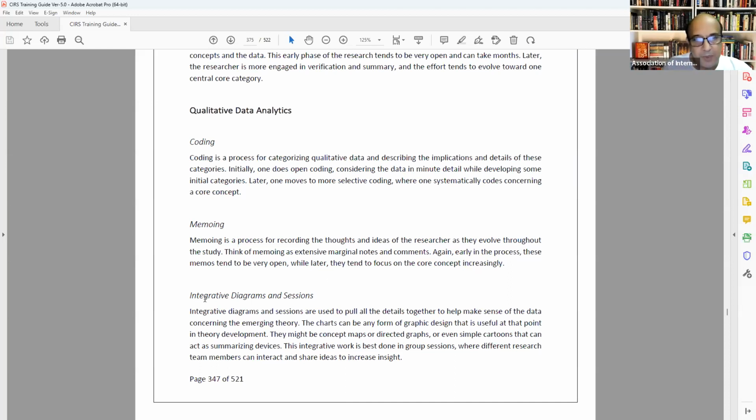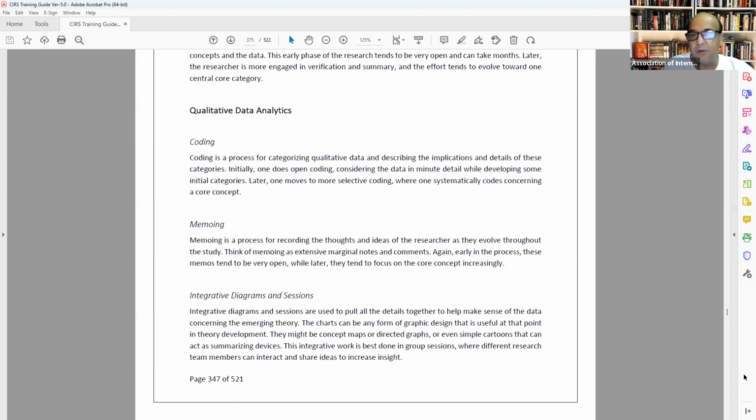Okay, integrative diagrams: you can make relationship diagrams, you can make cause and effect diagrams, but it requires you to sit somewhere and design it, and therefore you have to be familiar with diagrams and so on. There are so many different ways that you can create integrative diagrams.